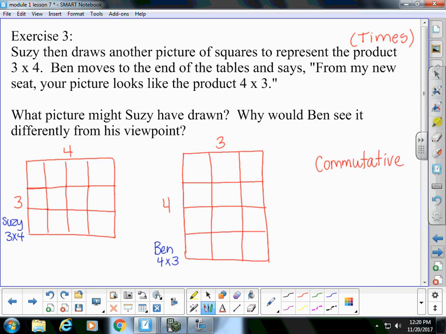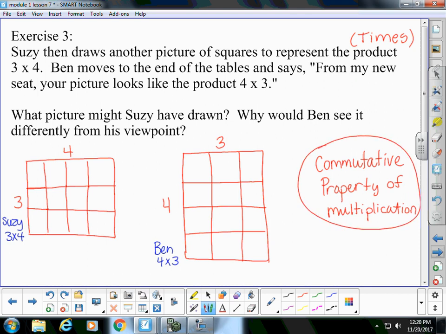The commutative property of multiplication. Okay, so this one was an example of the commutative property of multiplication.